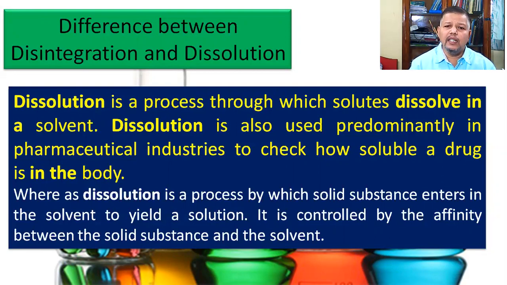Dissolution is a process by which the solid substance enters the solvent to yield a solution. It is controlled by the affinity between the solid substance and the solvent, that is association, ionization, complex formation, or dissociation of the compound, and how much time is required to dissolve completely, and that is our aim.